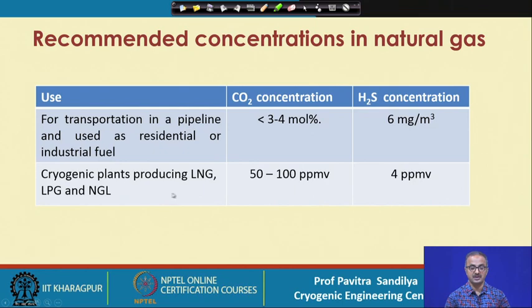Whereas for cryogenic plants in which we are handling LNG, that is liquefied natural gas, LPG, liquefied petroleum gas, and NGL, that is natural gas liquid, these are the maximum limits which are permissible in these gases.